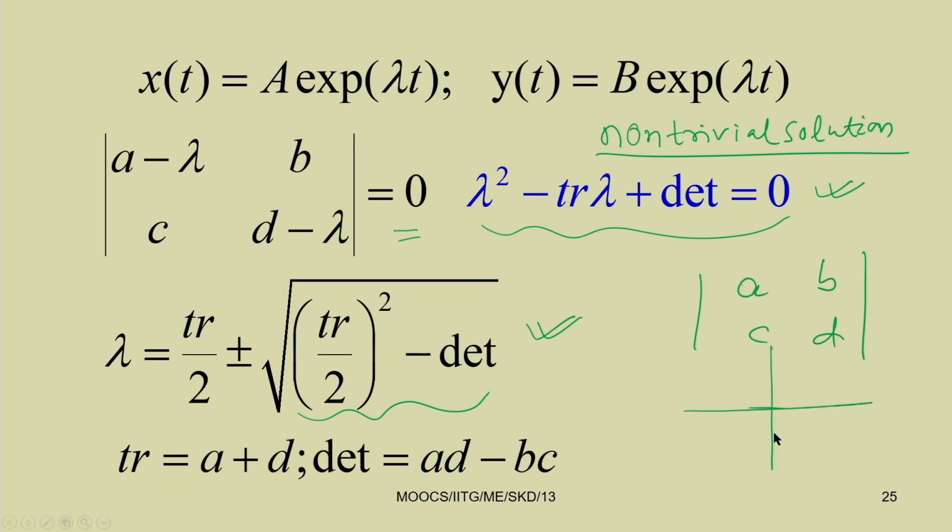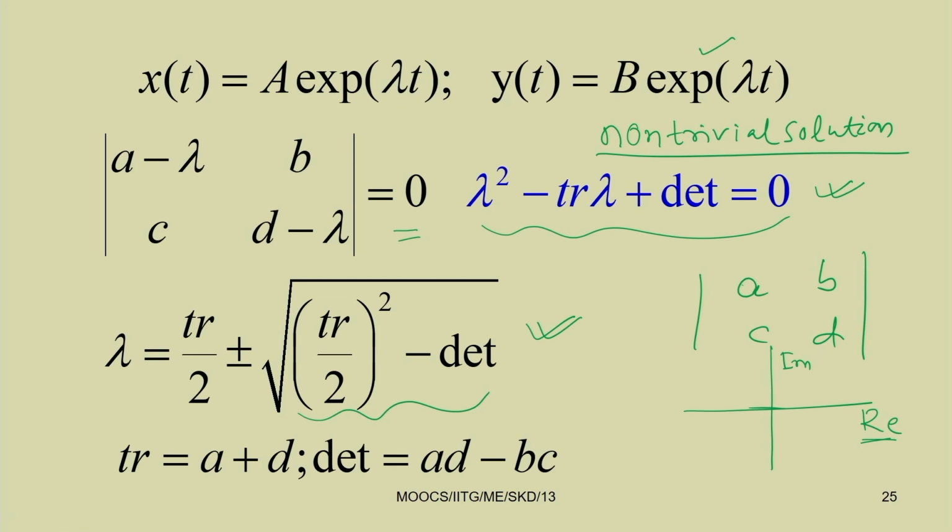We know that if the eigenvalues lie in the left hand side of the S plane, where this is the real axis and this is the imaginary axis, that means lambda is negative, then e to the power minus lambda t makes the response decay. But if lambda is positive, the response will grow exponentially, and then the system becomes unstable.